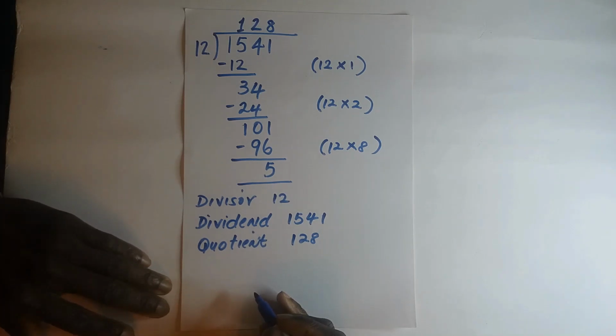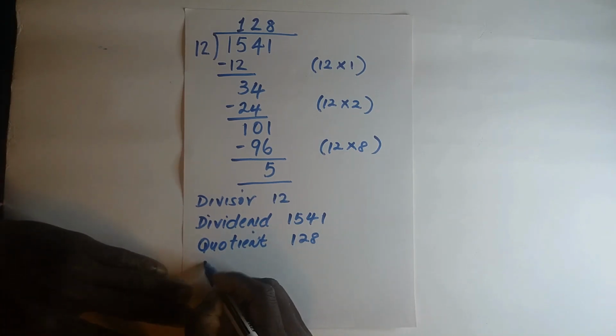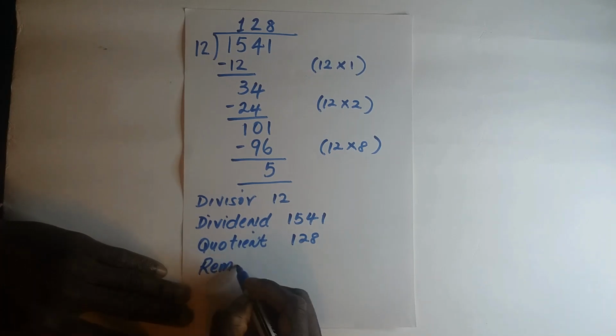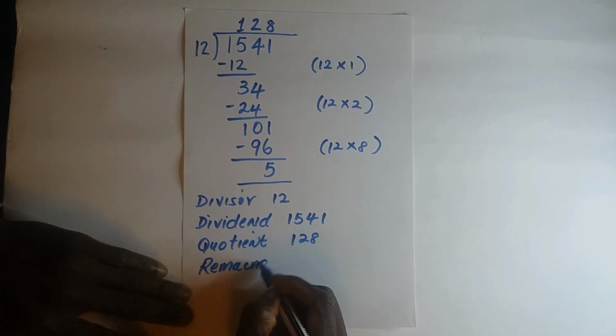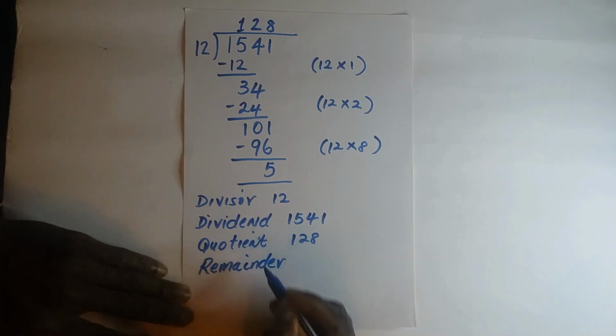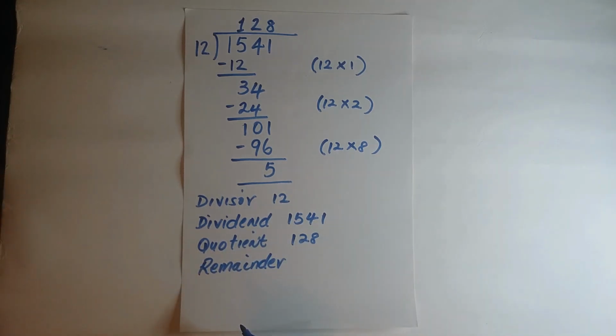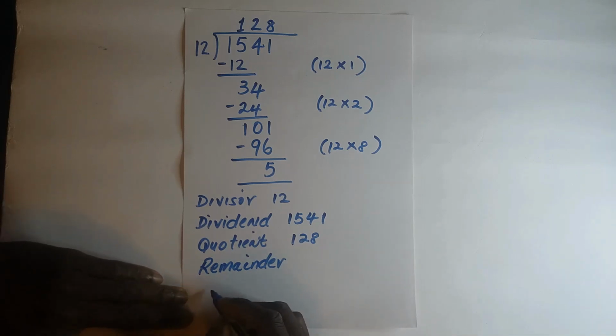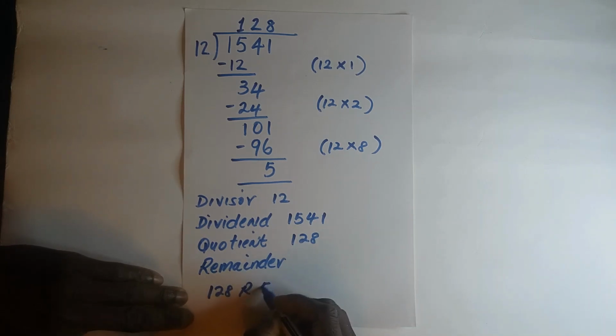And lastly, we have the remainder. And we know that we can write our quotient as 128 remainder 5.